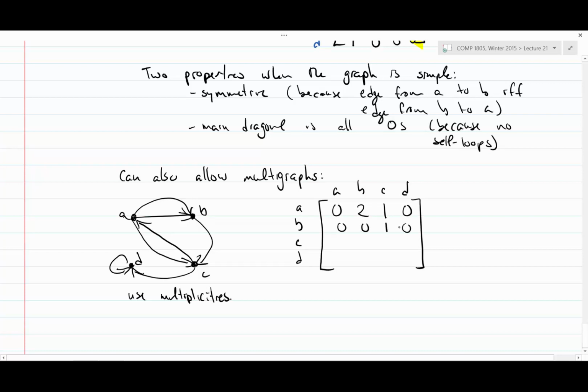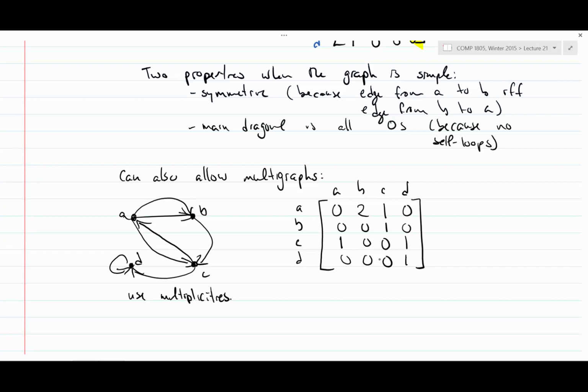What about C? Well, I can get back to A, and there's only one way to do it. And I can get to D. So I have A and D, but nothing else. And what about D? Well, from D, I can only get back to D. That's the only thing I can do. So notice now, we no longer have the property of symmetry.